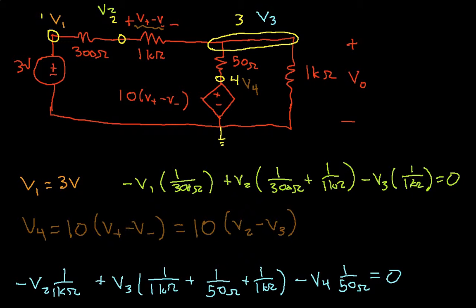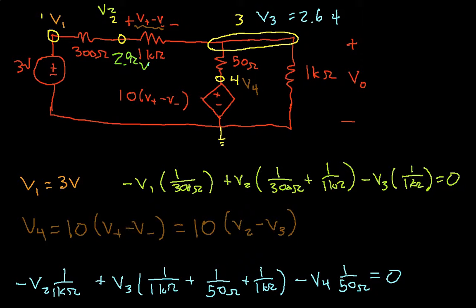So we had V1 was 3, which we expected. V2 was 2.92 volts. V3, which is also Vout, is 2.64 volts.